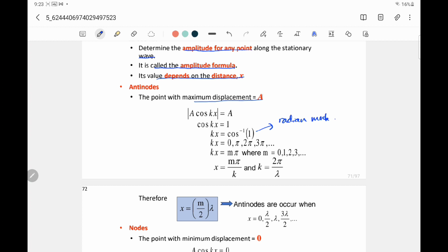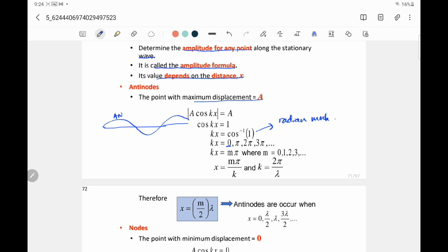Radian mode, and then you will have 0. Shift cos 1 gives you 0, and then to get the second one, we know here, alright, so we have this one.